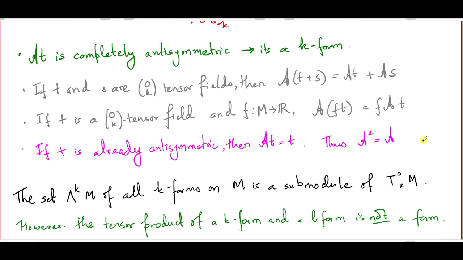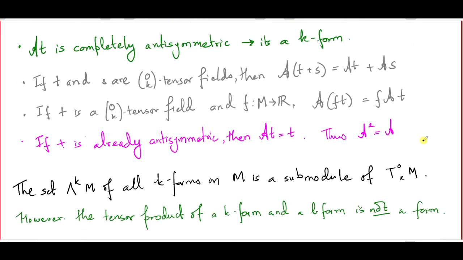Now, one important point is something which we have already seen before. The set T^0_k(M) of all (0,k) smooth tensor fields on the manifold is actually a module. It's not a vector space with functions as multipliers simply because functions don't form an algebraic field. They only form a ring. This is something we have already discussed before.